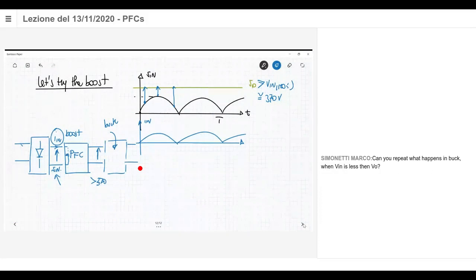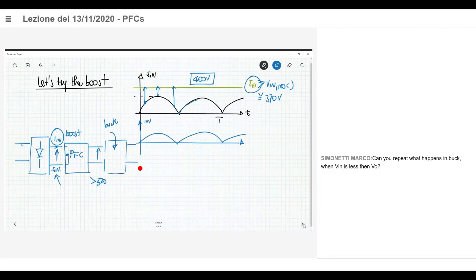So the two considerations are the following. The first one is that this output voltage V0 is higher than 360. Okay, let's say 400 volt. Here you have a voltage that starts from 0 and then increases up to 360. So suppose that you are in this region here and the voltage is, I don't know, 40 volt.